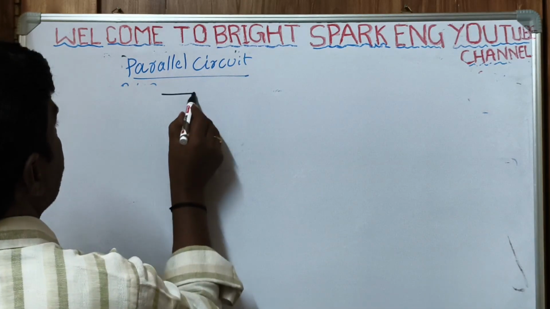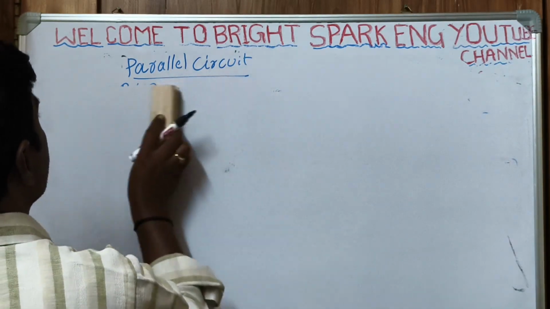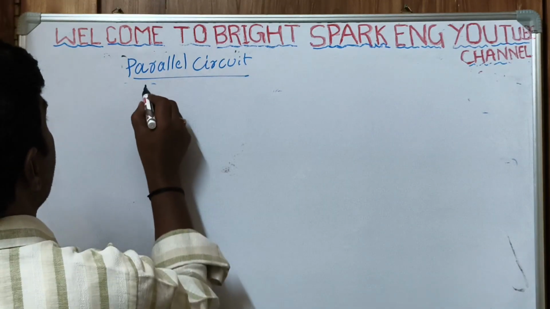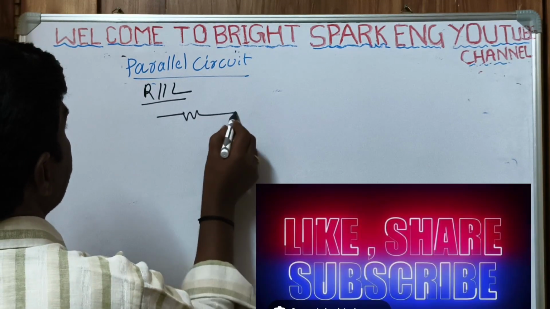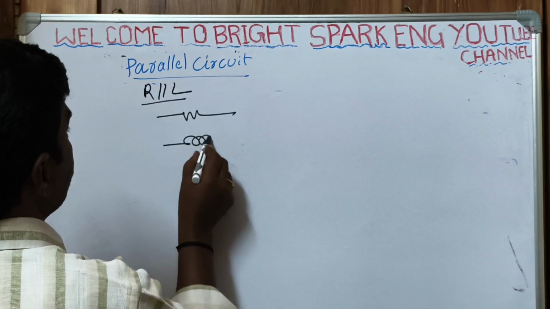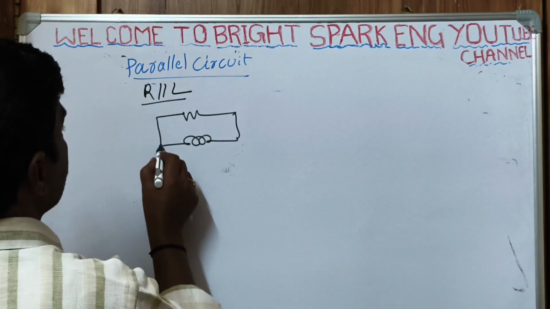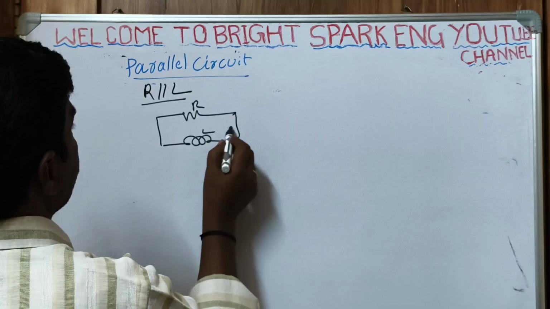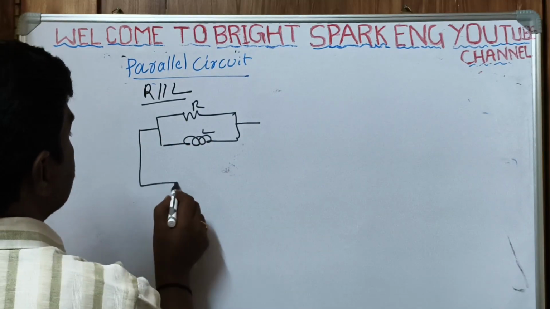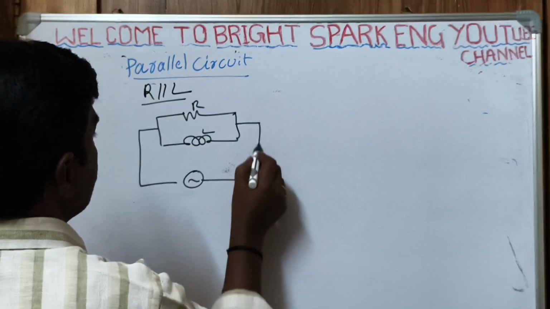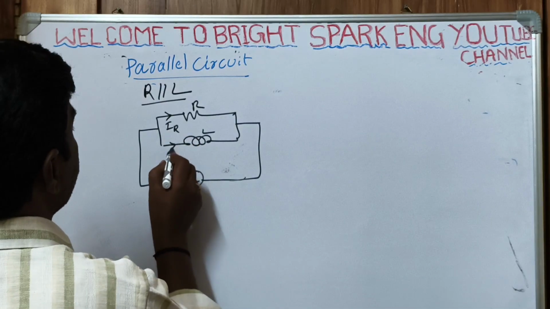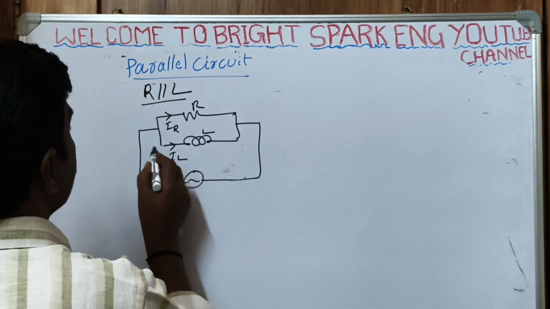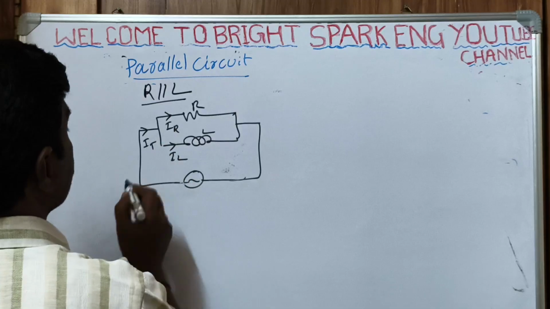Here one resistor is taken, and an inductor L is taken in parallel to the resistance R. Both are connected to the AC voltage source. Here the flow of current is I R, here the flow of current is I L, and the total current is I of t.